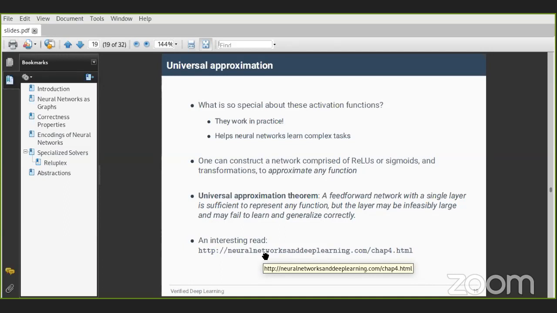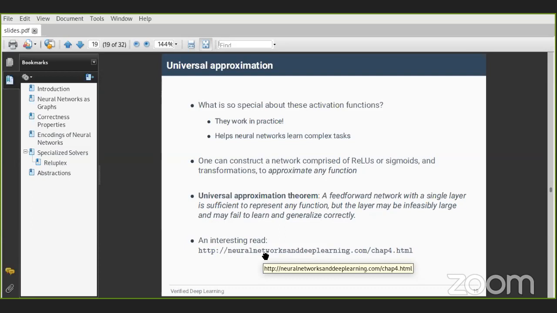How well you may be able to learn or generalize is one thing, but the point is that a network with even a single layer of hidden neurons is sufficient to represent any function.